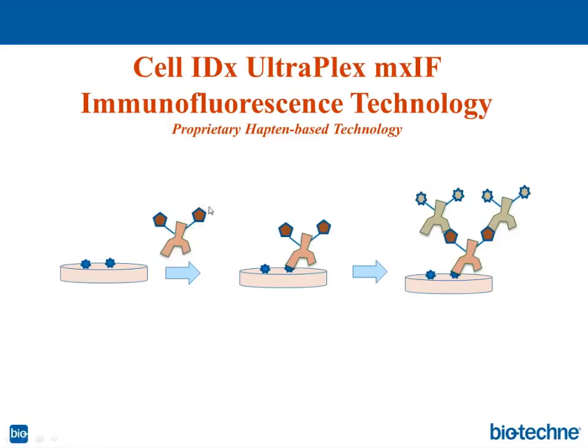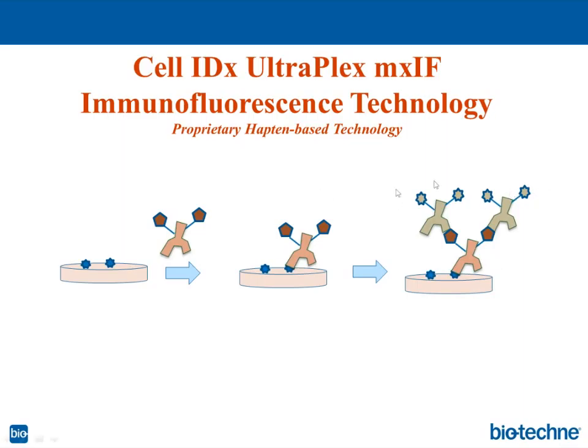We don't know their structure, and we don't know how they do conjugation to primary antibodies. They conjugate primary antibodies with haptens, and then you do staining with secondary antibodies raised against this particular hapten. Currently, they have in their portfolio 4 different haptens and 4 different anti-hapten secondary antibodies conjugated to different fluorescent dyes.